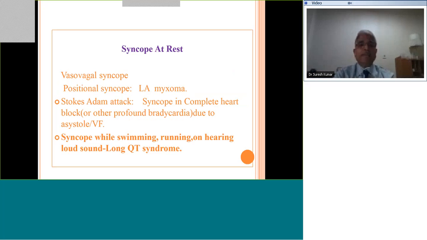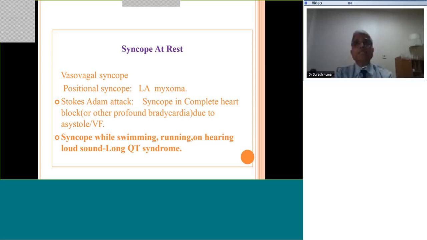On the other hand, if it's related to a condition such as left atrial myxoma, some posture can obstruct the left ventricular inflow, and that can lead to syncope. You also have a very characteristic sequence of events in Stokes-Adams attacks, which is syncope in complete heart block or other causes of profound bradycardia.